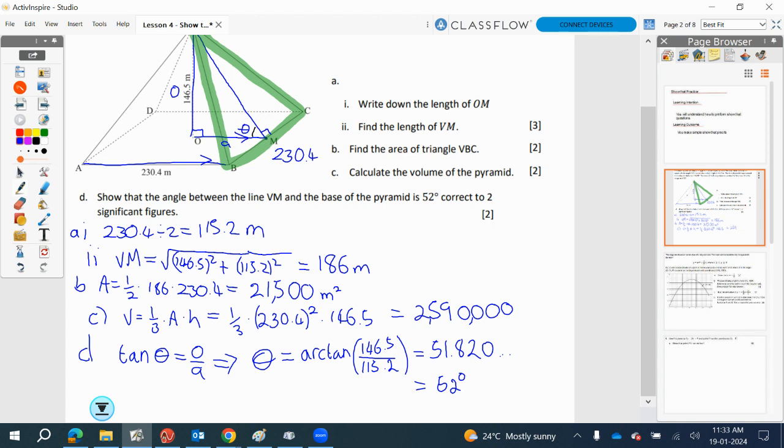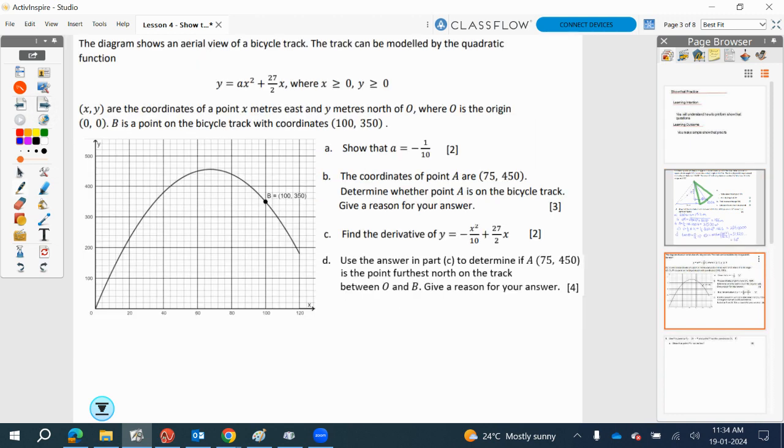You can't verify it by using the 52. You must get the 52. So remember, one of the key things with a show that question, never use the number that you're showing. Never use the number, produce the number.